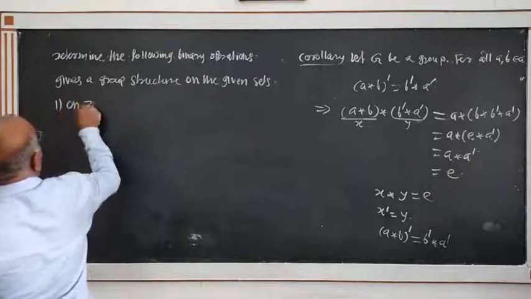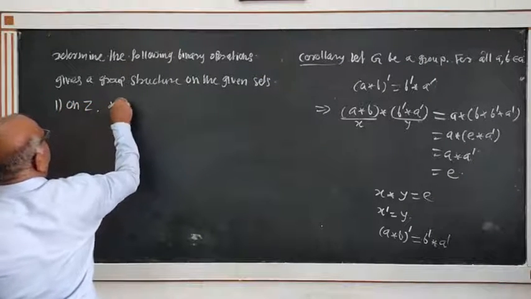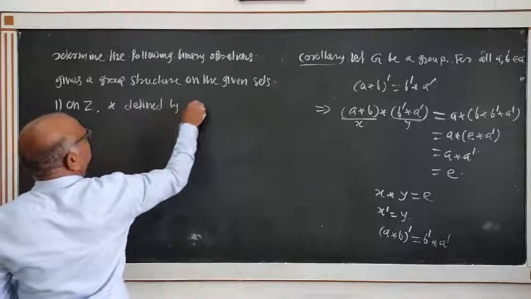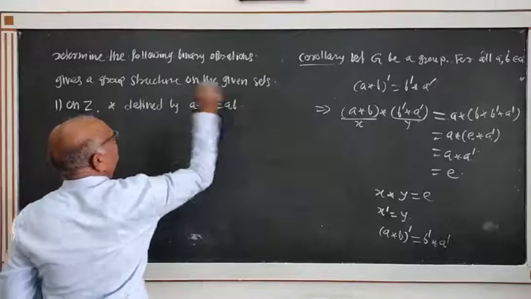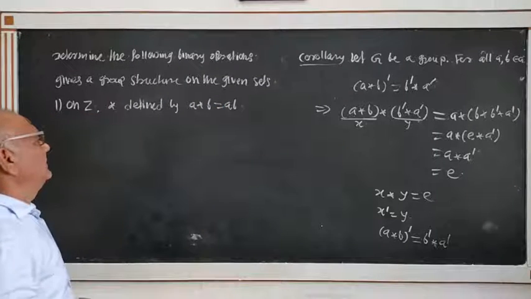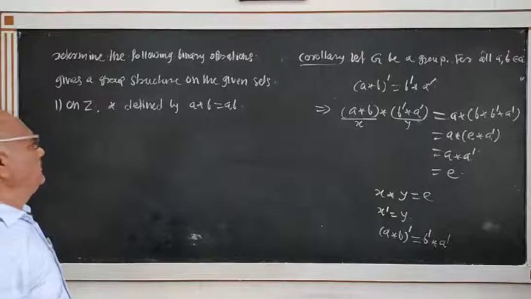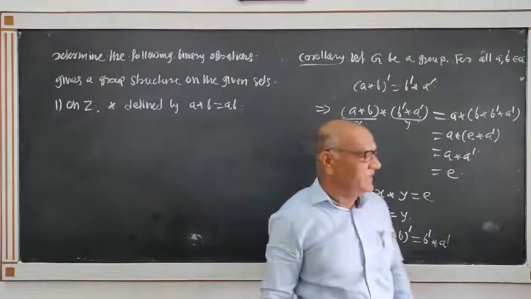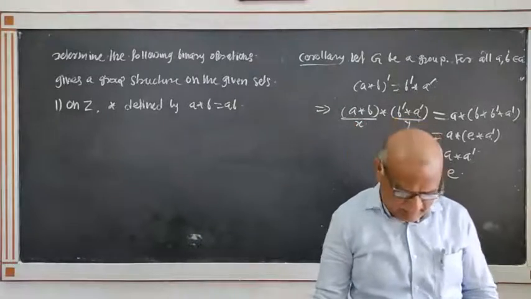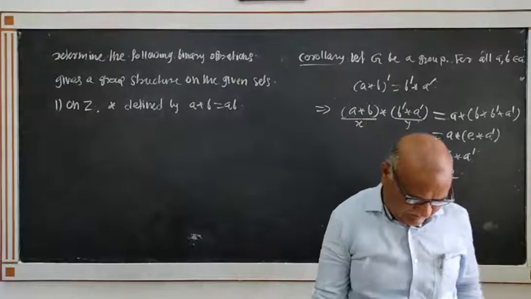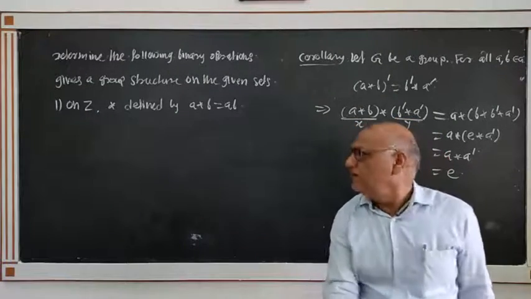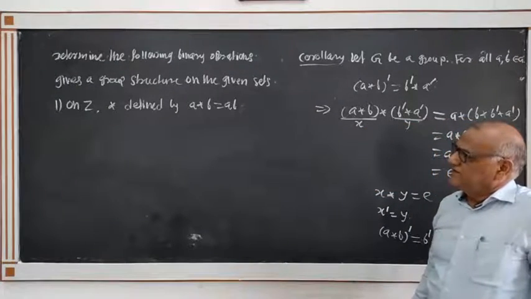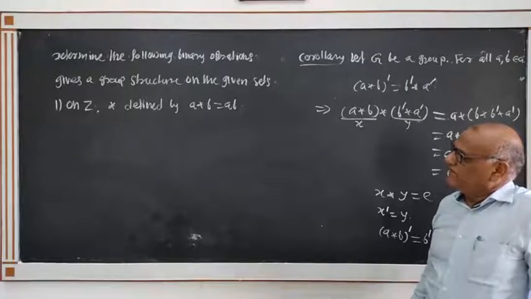On Z, star defined by a * b is equal to ab, the product. Then is this Z a group under multiplication? Is the set of integers a group under multiplication?